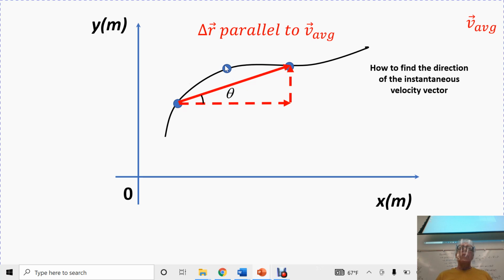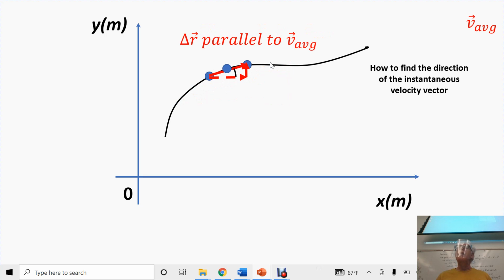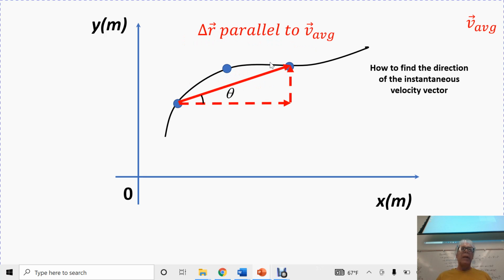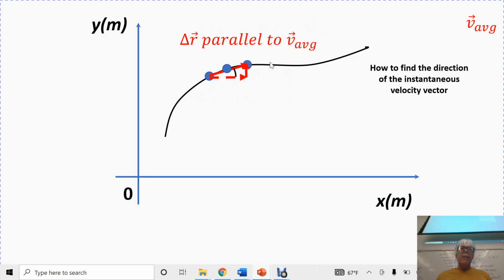And so what are we going to do? I'm going to decrease the delta t between the initial and the final position, which is going to lead to delta r smaller and smaller. See that? So if you do a careful investigation, what do you find out?